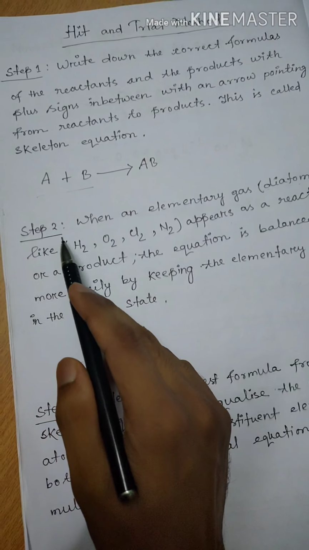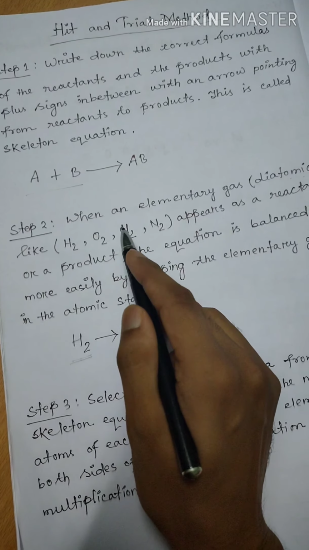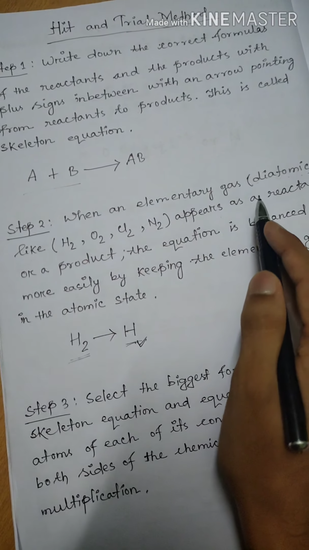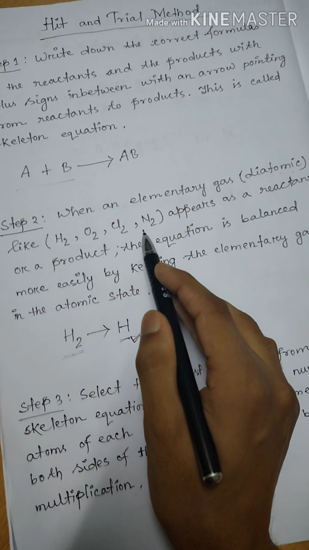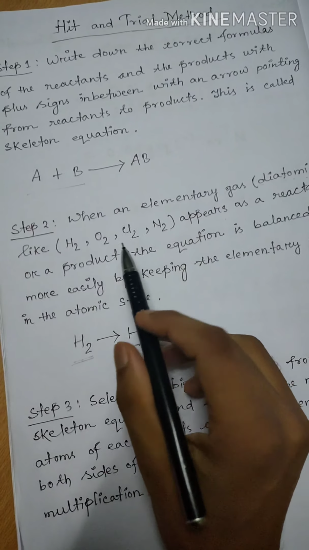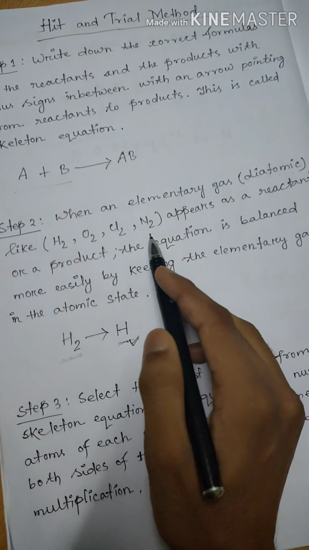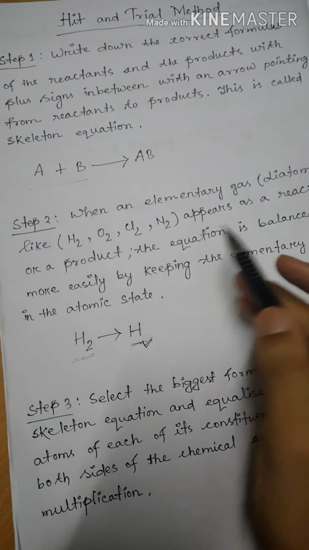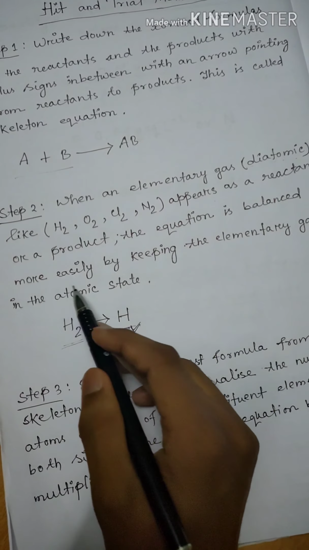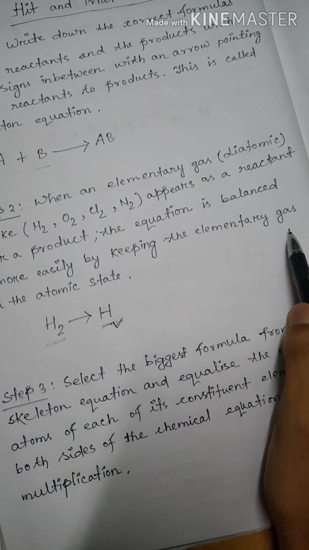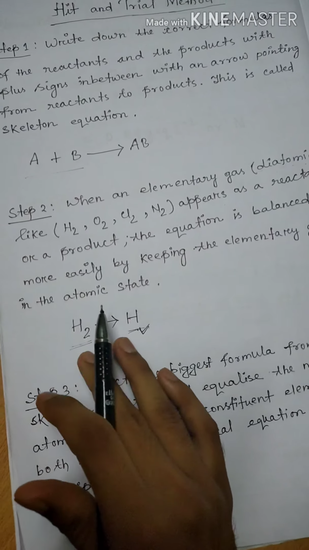Now step 2. According to step 2, when an elementary gas, means a diatomic gas, like H2, O2, Cl2 or N2, means hydrogen, oxygen, chlorine and nitrogen, appears as a reactant or a product, then the equation is balanced more easily by keeping the elementary gas in the atomic state.